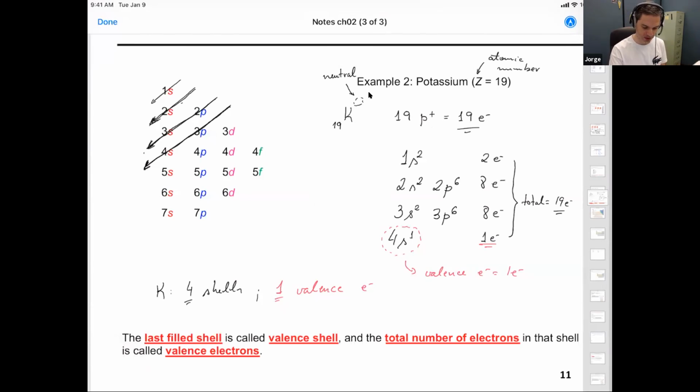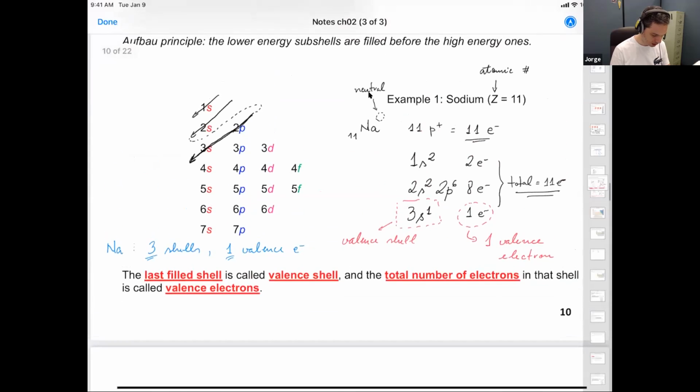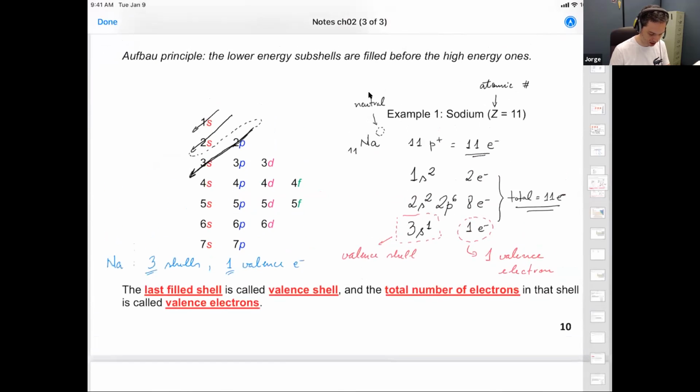All right. So let's look at one more thing here. If we look at the electron configuration of sodium, we saw that we have 3 shells with electrons and 1 valence electron.